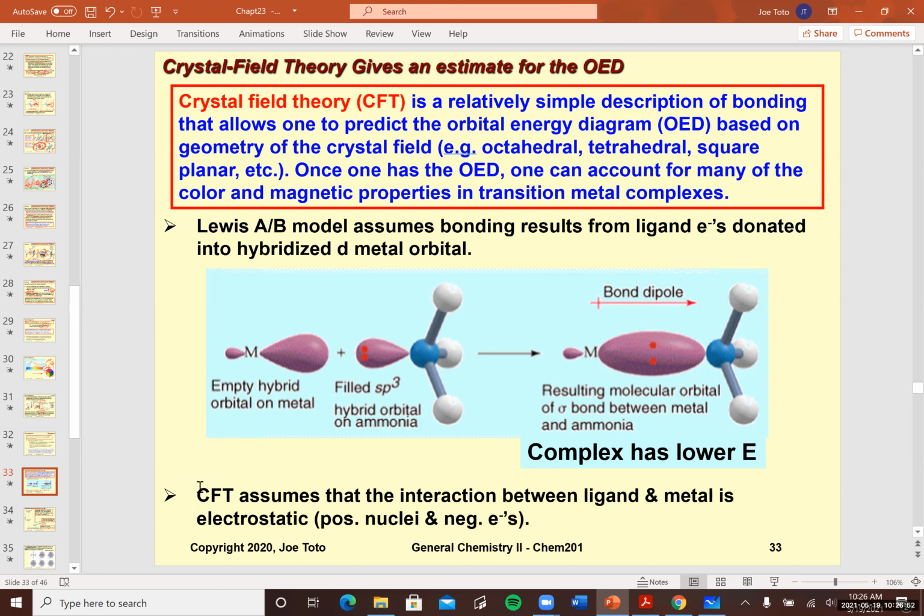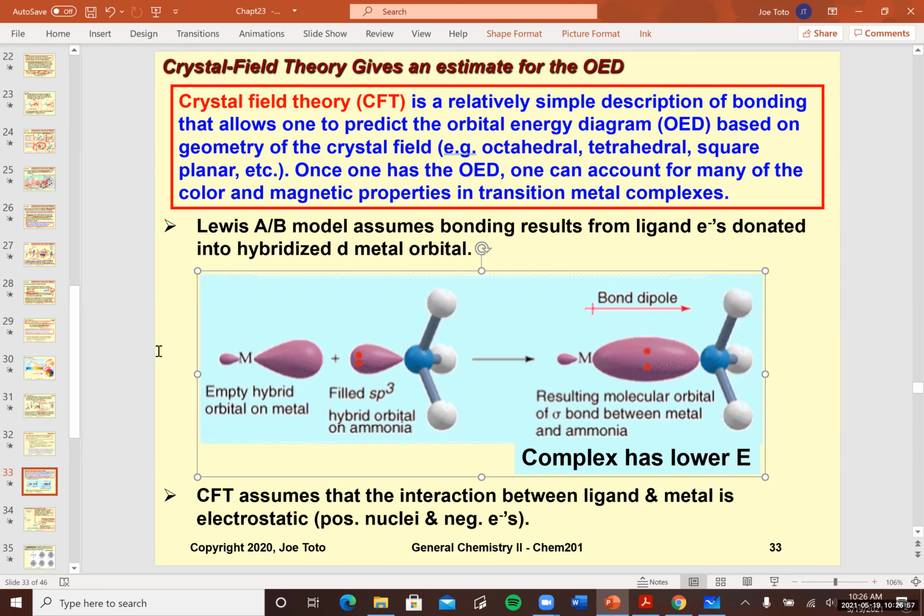So in this picture here, I have the metal right here, and say it's that cobalt 3+, it has 6 d electrons, but they're in the 3d.